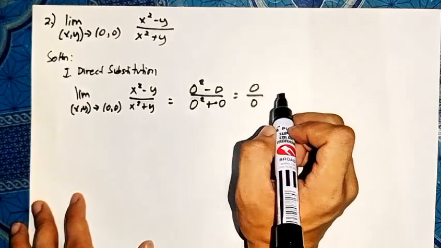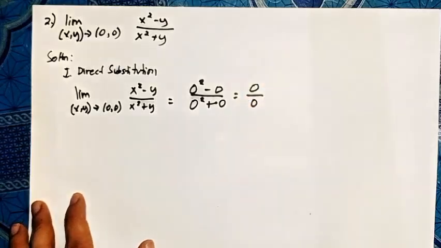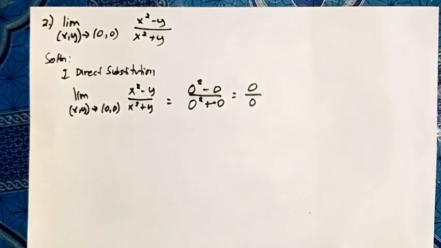Since the limit is 0 over 0, it means that the domain of the function f(x, y) equal to x squared minus y over x squared plus y consists of all points in the xy plane except for the point (0, 0).